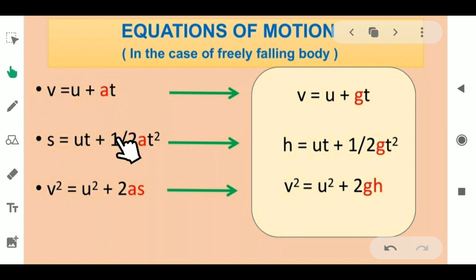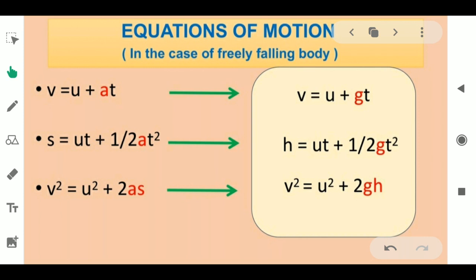And these three equations of motion, or general equations of motion, are familiar to you, as we have already discussed in the previous chapter. In these equations we are just replacing A, acceleration, by g. That is the only difference here, because in the case of gravitation all bodies move towards the earth.